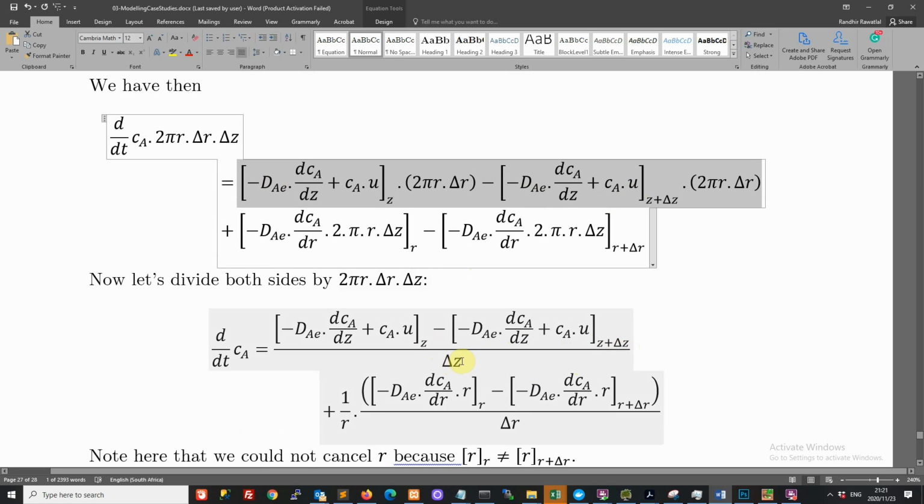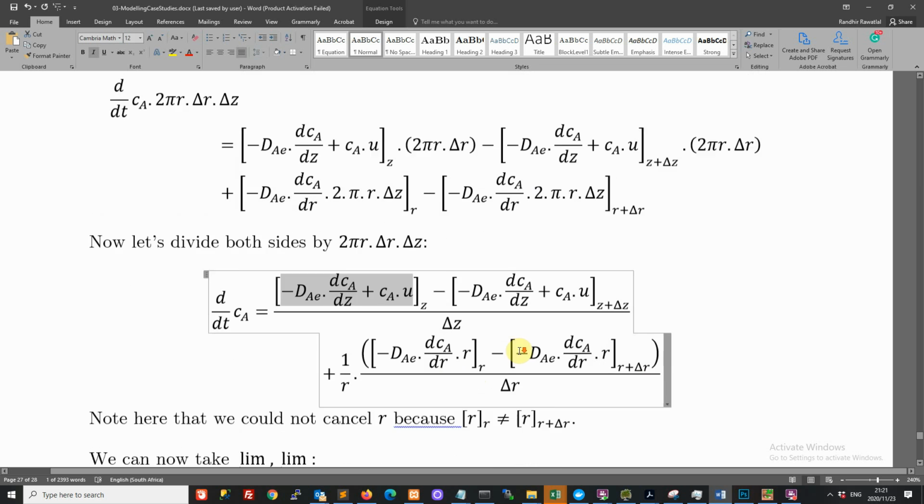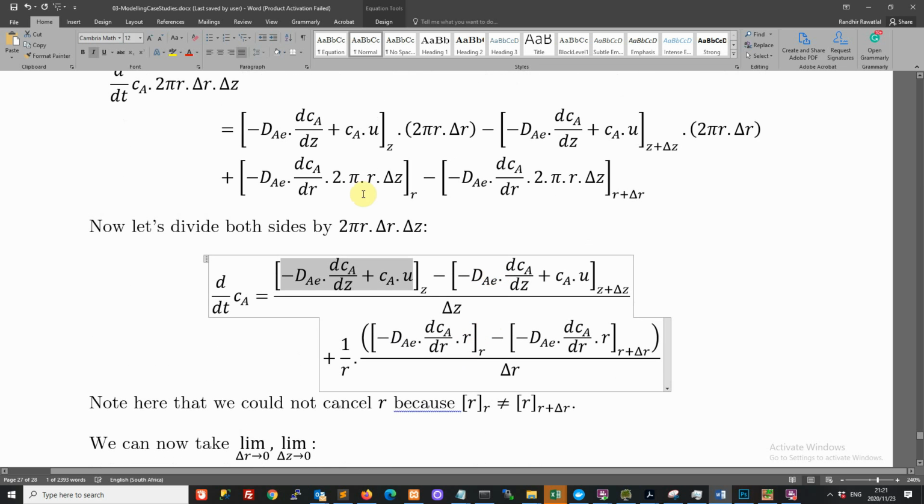Then we are going to look for taking the limit as delta z goes to 0, so we would have here d/dz of this function. That's the first two terms. And then for the second two terms, dividing through by 2 pi r delta z, we still can't cancel this r here.